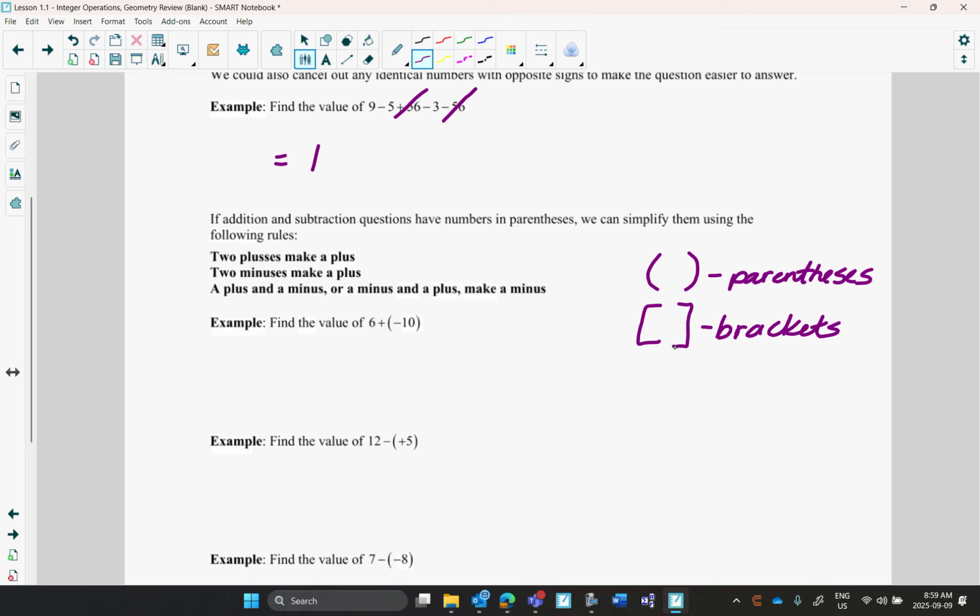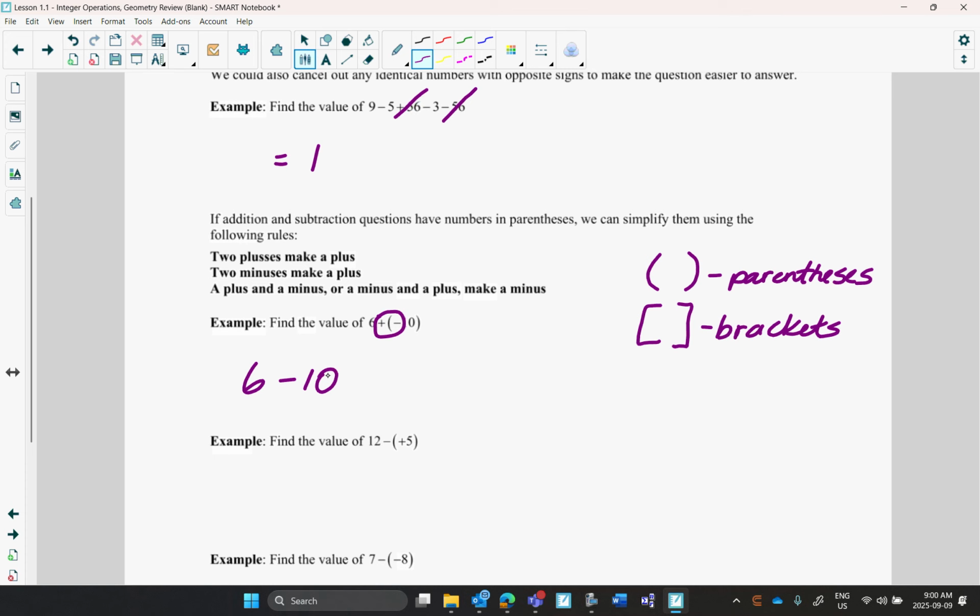When we encounter a question like this, we want to combine the two signs into either addition or subtraction, and you can follow these rules. If you add a positive, obviously that's plus. If you add a negative or subtract a positive, that's the same as minus. And if you subtract a negative, that's the same as plus. So what's an easier way to write this without parentheses? 6 minus 10, because a plus and a minus make a minus.